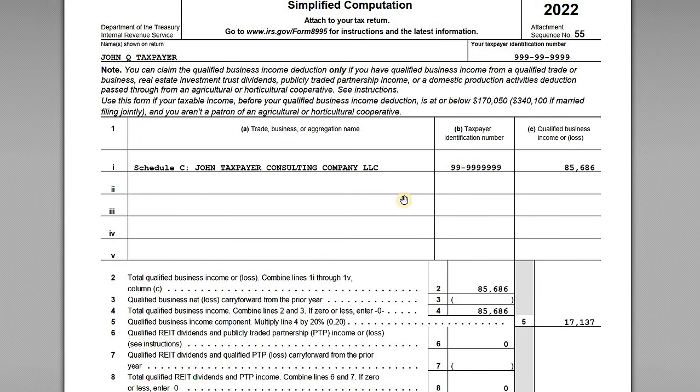He's just got one line item for his Schedule C, tax ID number, and then the qualified business income or loss. Now note what's happening there. That number is different than the profit we saw up above. And that's because it's been adjusted by the amount of self-employment tax that's being deducted, right?